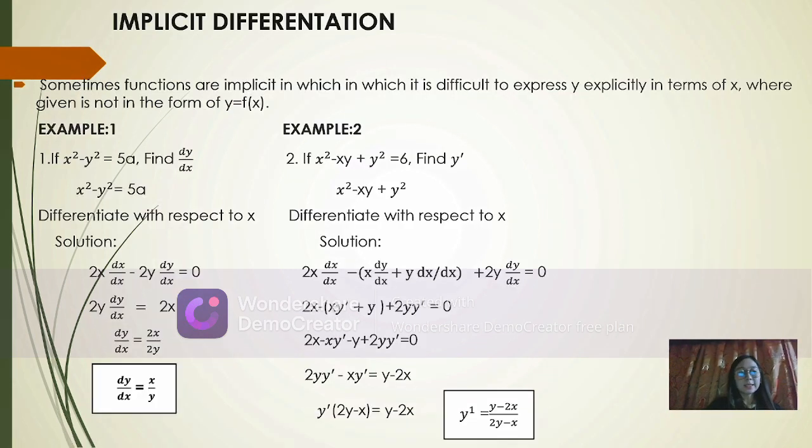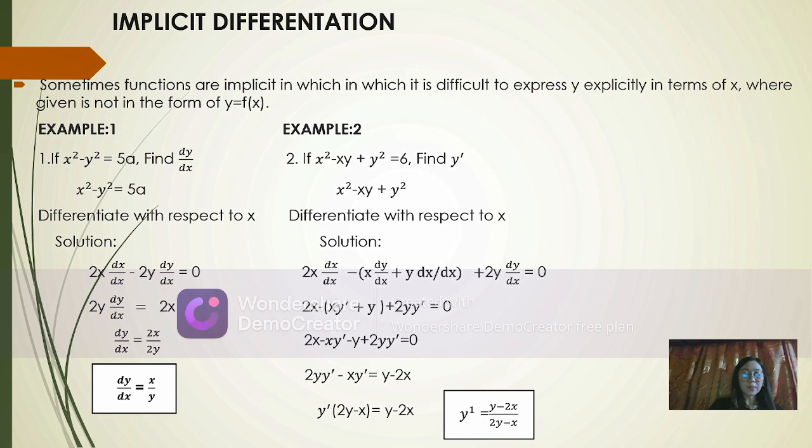So last topic, or our last topic, is about implicit differentiation. So the definition of implicit differentiation is sometimes some functions are implicit in which it is difficult to express y explicitly in terms of x, where given is not in the form of y is equal to f of x.